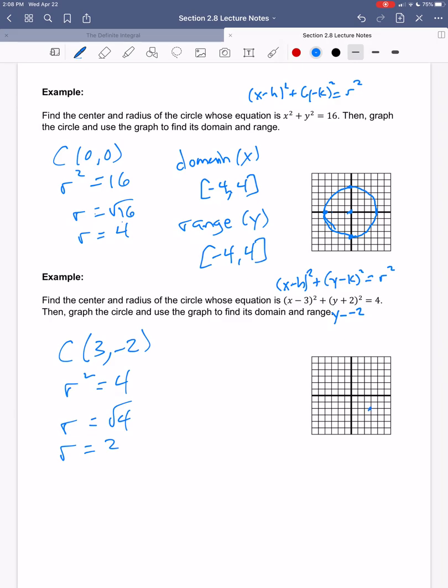So that's down there. Then my radius is 2, so I need to move 2 in all directions. So I move 2 to the left, I move 2 up, I move 2 to the right, and I move 2 down, and I connect those points.